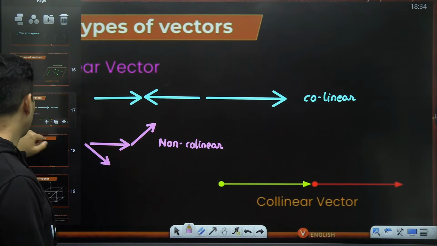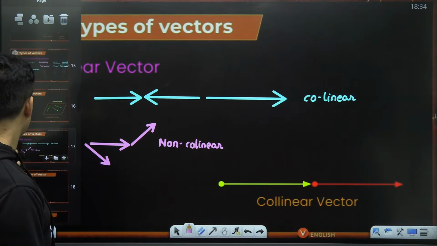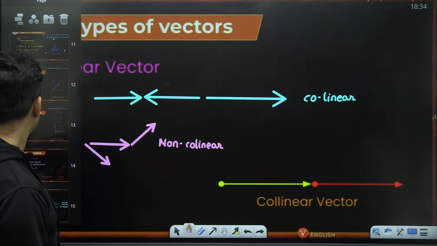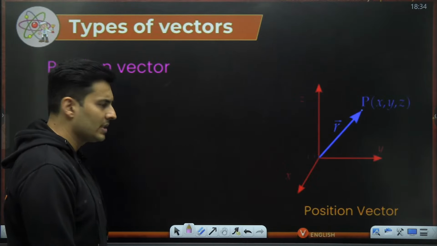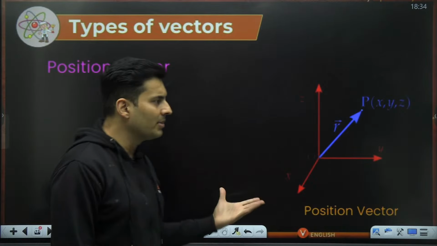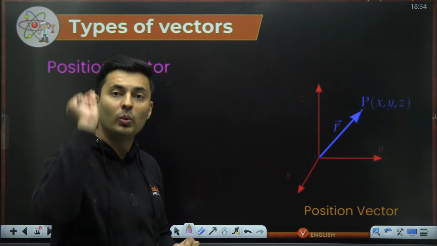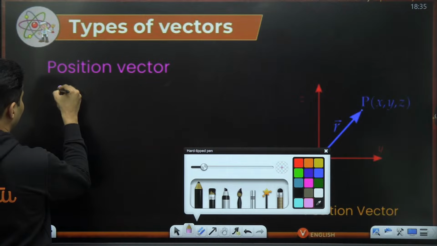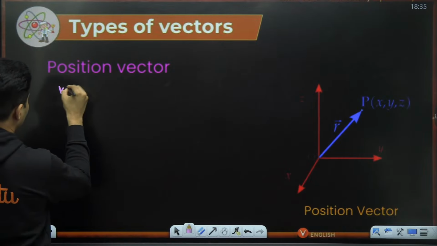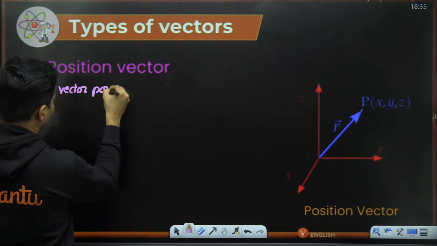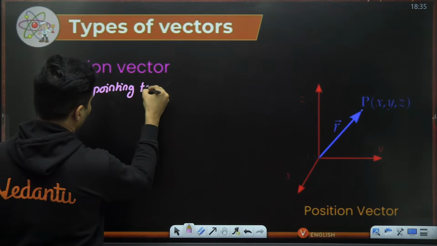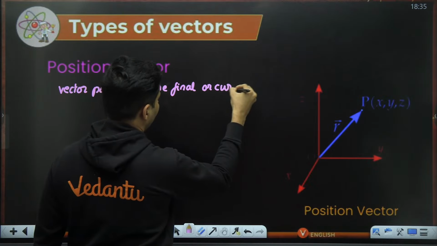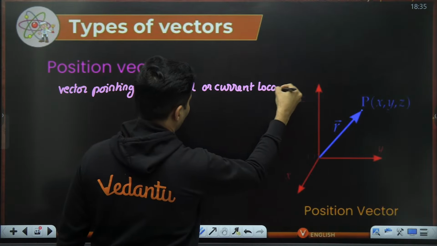Now I had to put one more thing. Okay, this one, position vector. This is also very important. What is the meaning of position vector? Position means it points towards the current location. So a position vector will be a vector pointing to the final or the current location of the particle.